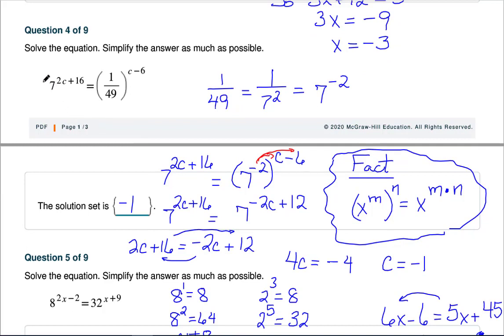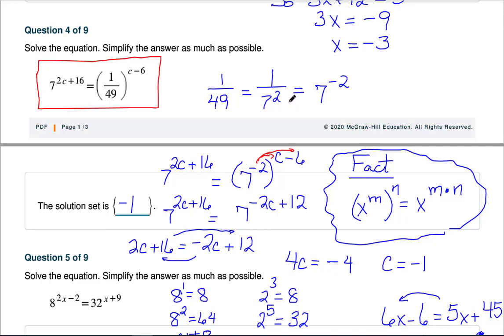So, question 4. That looks really ugly. So don't panic. The secret again is on the right hand side. So I've got 1 over 49. Well, what do I know about 49? Well, I know 49 is 7 squared. And again, I care about 7 because I see that the base on the left is 7.